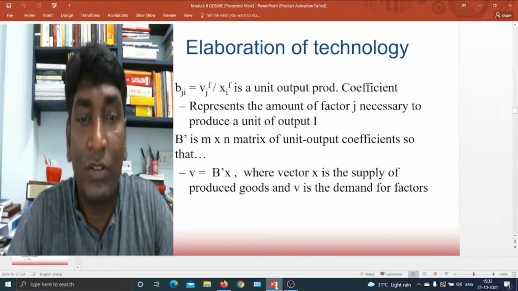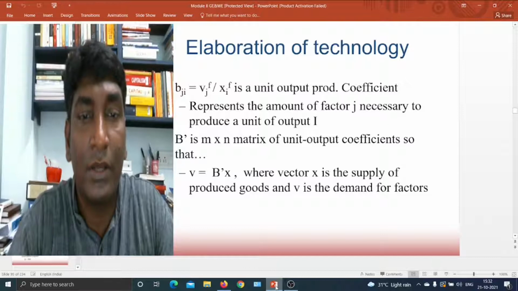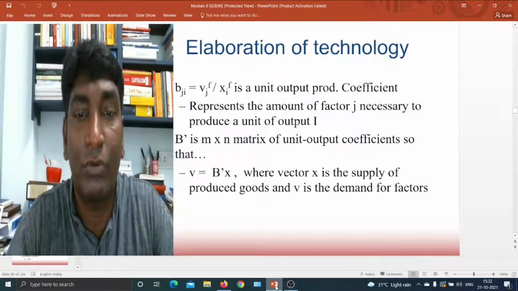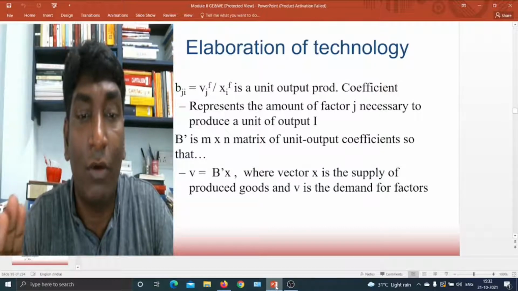So this is what the notation roughly speaks about. J is the factor necessary, and I is the output.